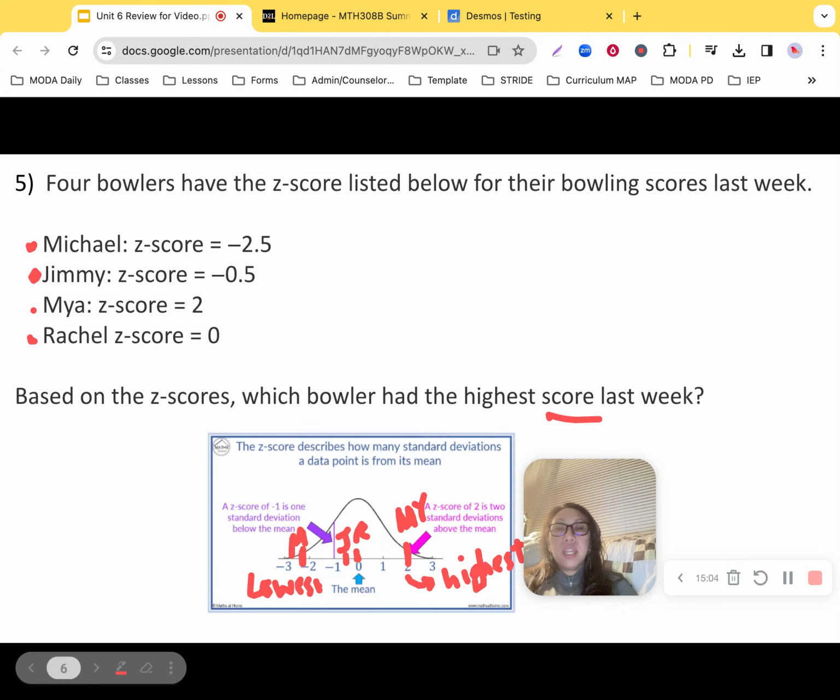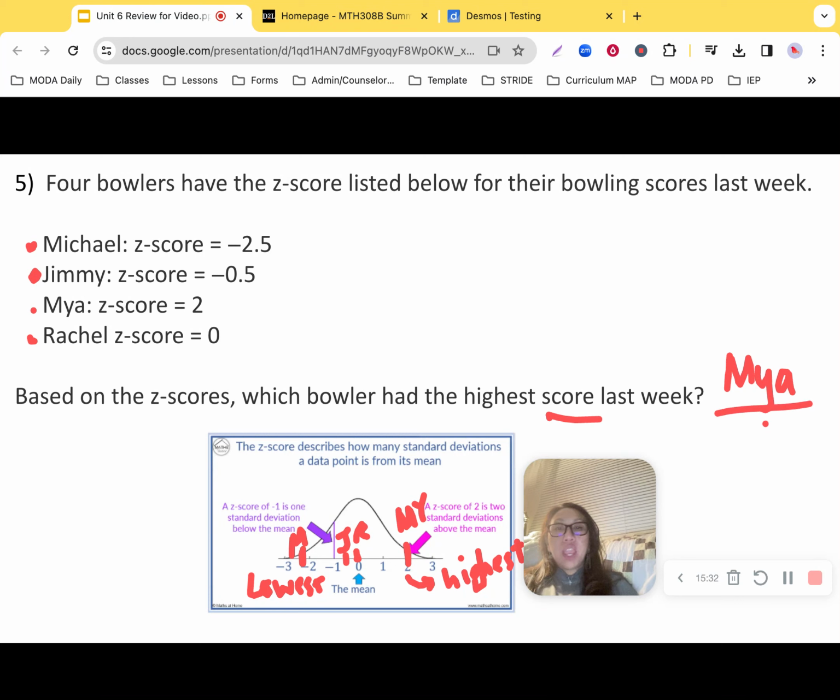So if you look at our arrangement, it looks like Maya right here has the highest score because she scored 2 standard deviations above the mean. So above the mean right here is above average on the normal distribution.